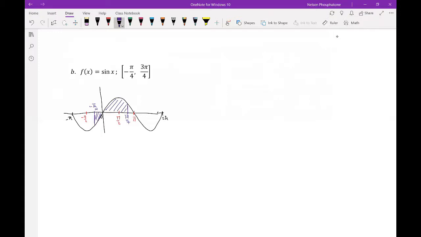If I want to find the total area, it will be negative integrate between negative pi over 4 to 0 of sine of x dx plus integrate between 0 and 3 pi over 4 of sine of x dx. So this is what we have.